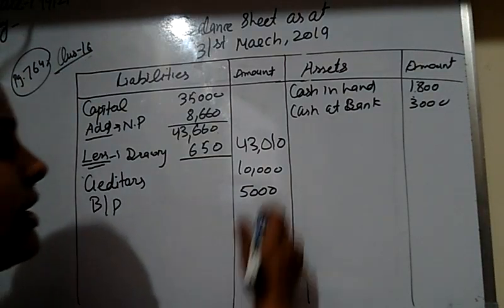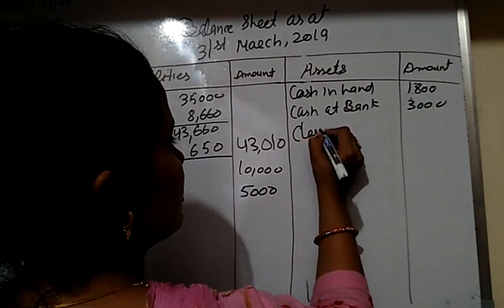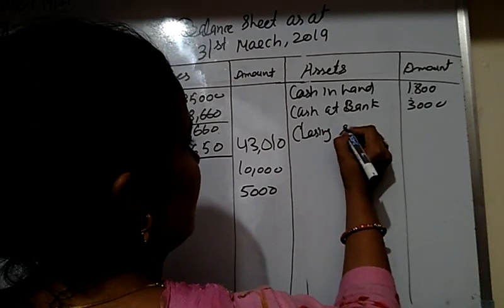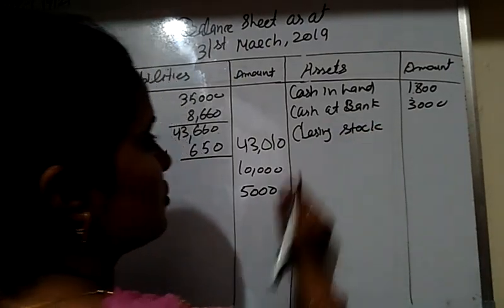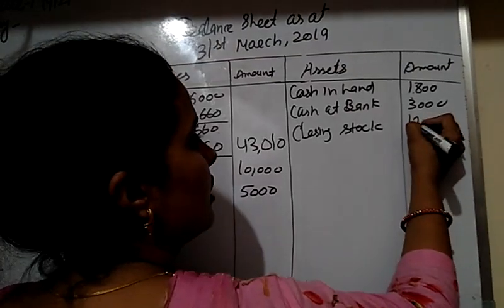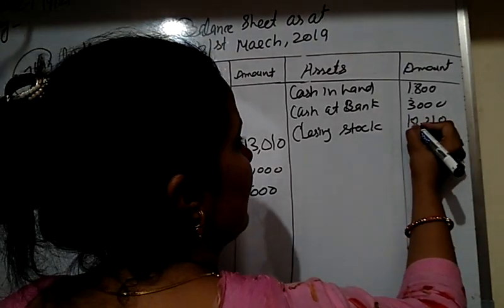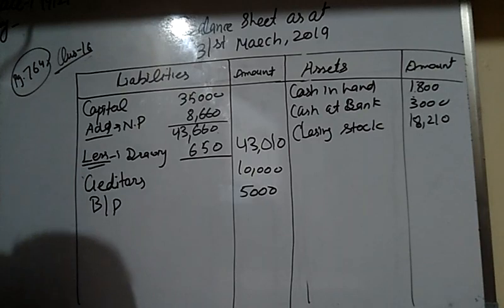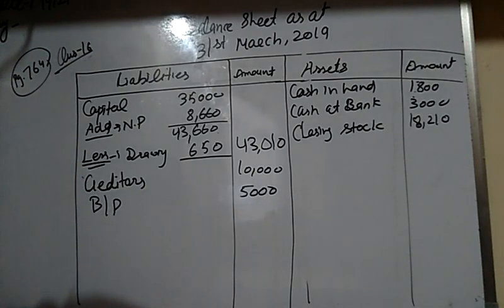Closing stock is also an asset, because closing stock is the goods which remain unsold at the end of the year. These are the assets of the company. It is 18,210.